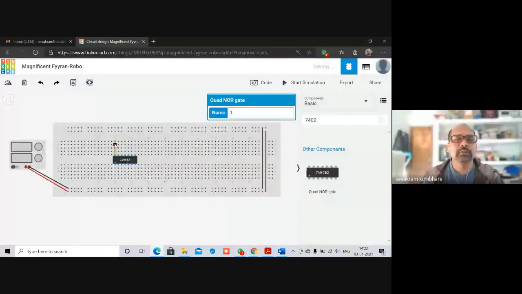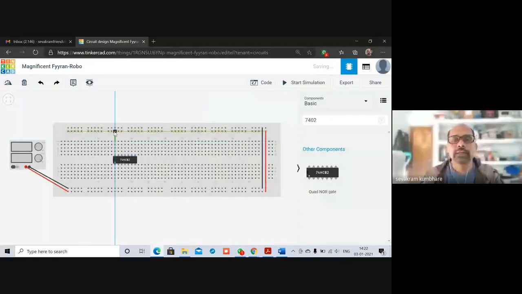So this pin number 14, all of you can see power, so this needs to be connected to VCC. I'll give it red color. And pin number 7 is ground, so this needs to be connected to ground, which I'll keep black. So the power supply we have connected.